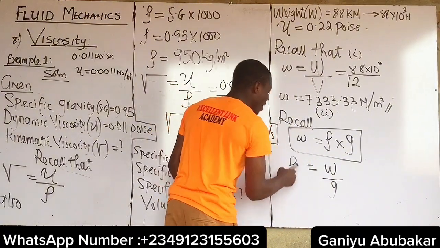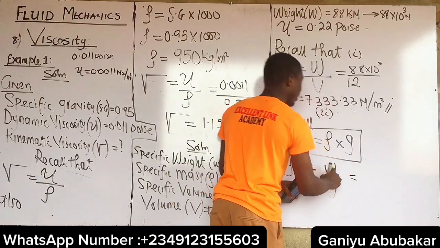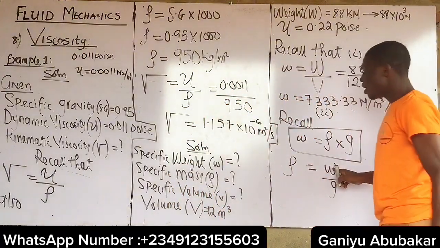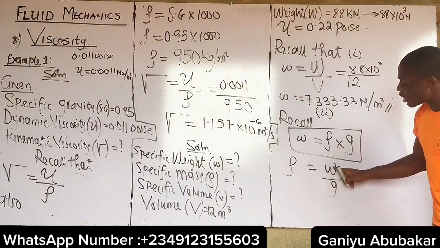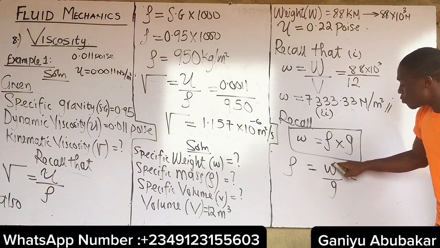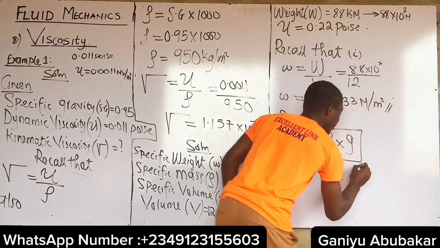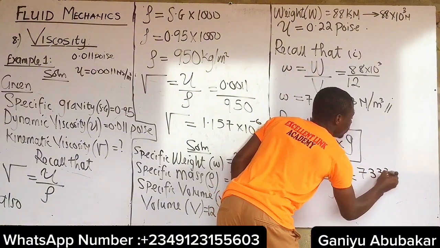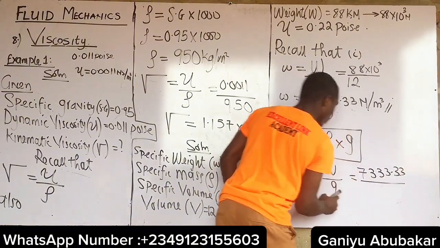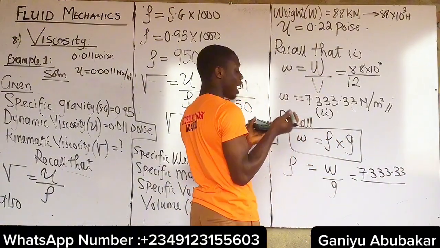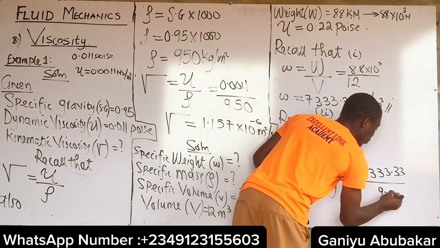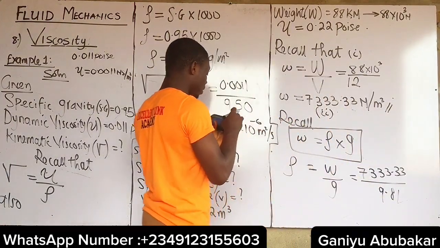So now mass density, which is rho, is equal to, what's my weight? Sorry, this is not the big weight. This is the specific weight, that's small w. That's 7333.33, all over gravity, which is 9.81, as we know. Divide these two here.